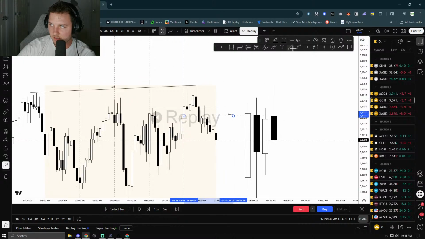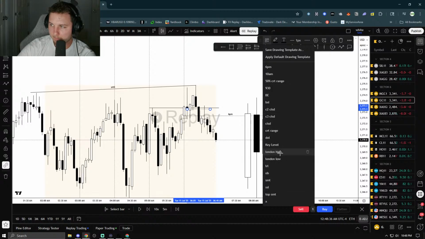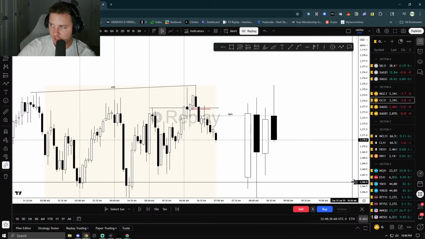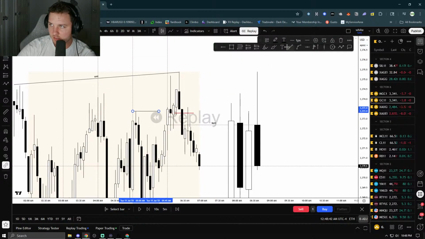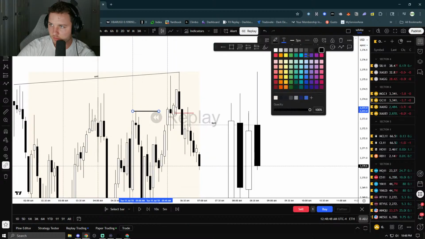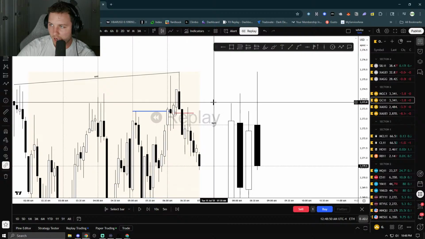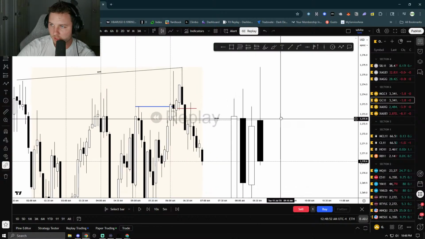CISD. Remember this line here, I'll make it dark blue and bigger. It is what? The hourly swing point. Okay.